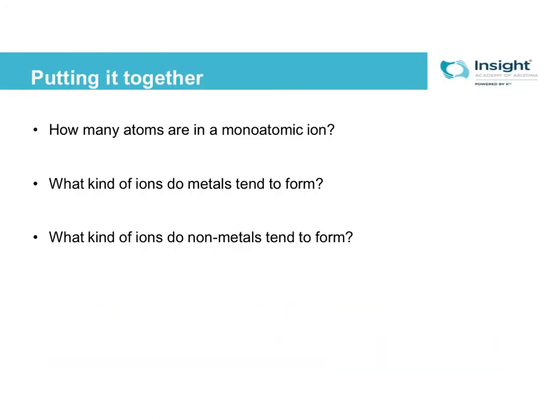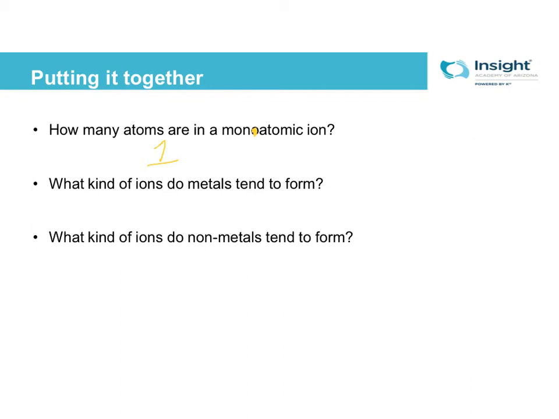So, kind of putting this all together. How many atoms are present in monatomic ions? Typo there. You should be saying 1. Everything on the slide previous in that picture was just a single atom.